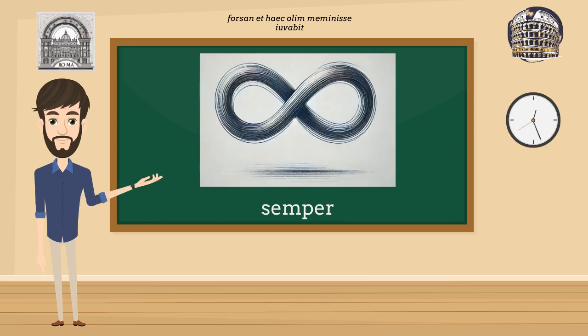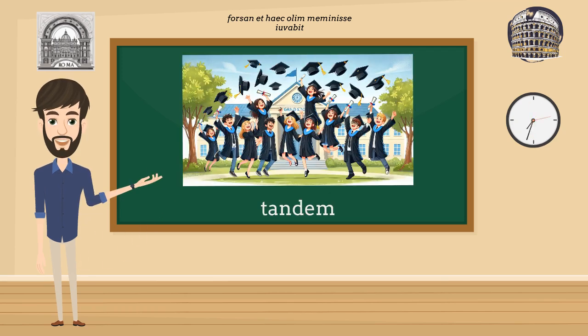Semper, always. Most people remember semper through their familiarity with Semper Fi or Semper Fidelis, the Latin motto of the U.S. Marine Corps, always faithful. Tandem, at last, or finally.